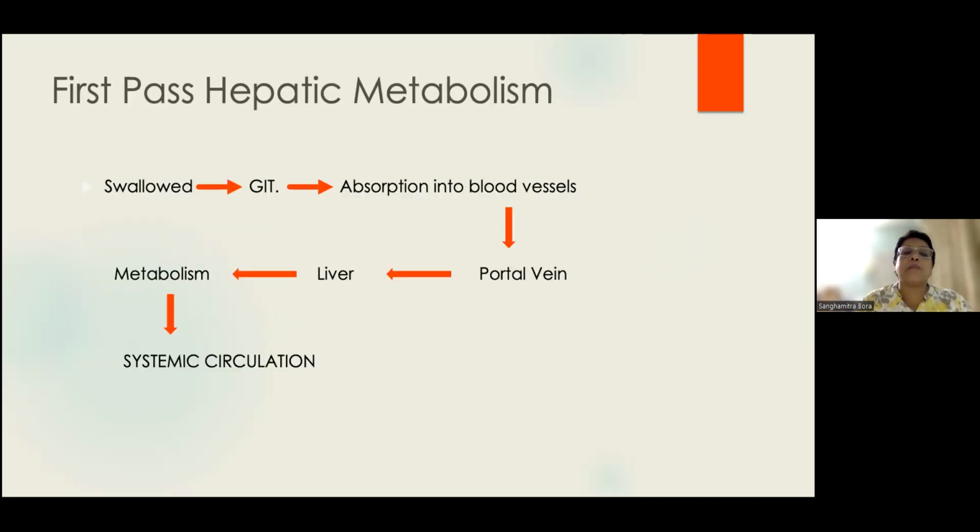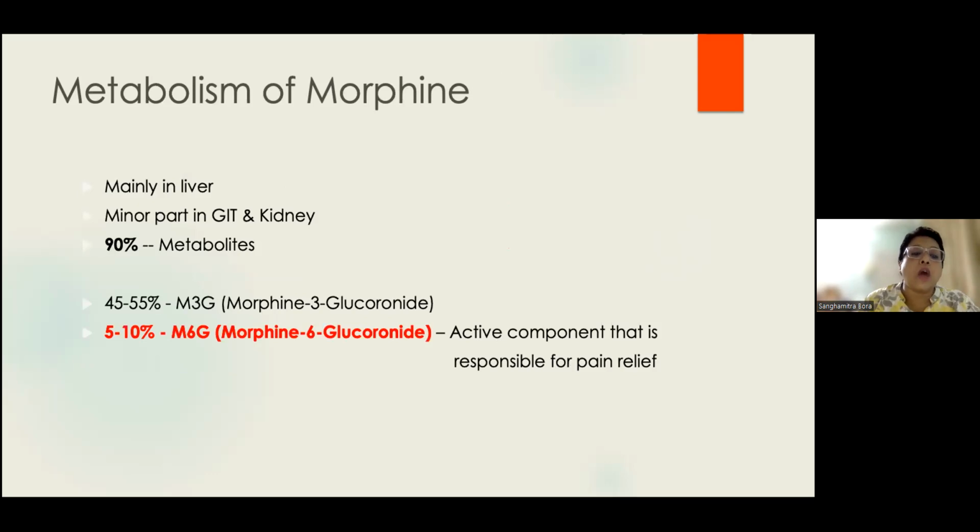Now, it passes through first pass hepatic metabolism. It is swallowed, it goes to the GIT, it is absorbed into the blood vessels, then it goes into the portal circulation, then to the liver, and in the liver it is metabolized and distributed in the systemic circulation. Metabolism of morphine mainly happens in the liver, and a minor part also happens inside the GIT and the kidney.